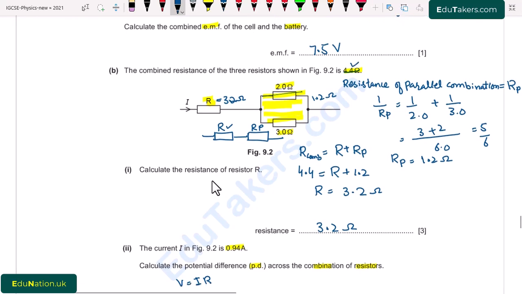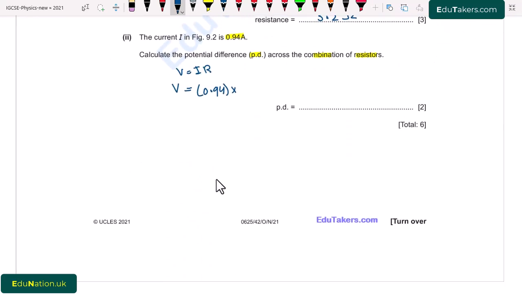So multiply it with 4.4. So the potential difference comes to be 4.136, and it is approximately equal to 4.1 volt. So the potential difference will be 4.1 volt.